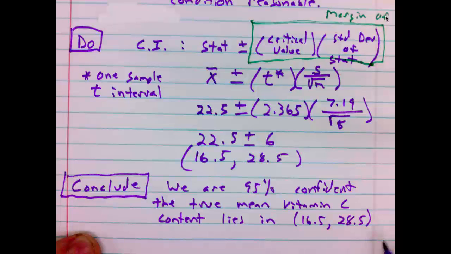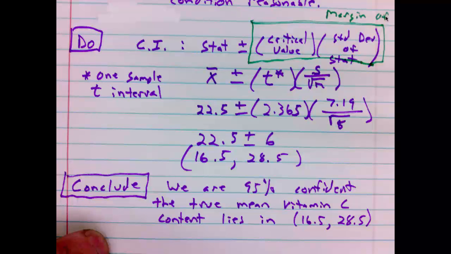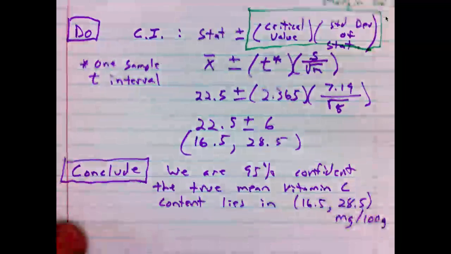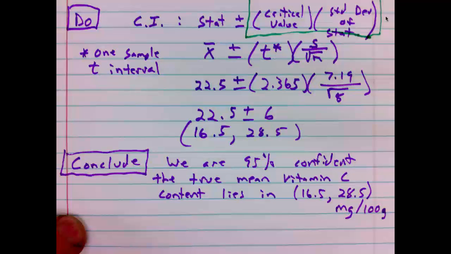All right, and our unit, what was the unit here? Milligrams per 100 grams. Okay.